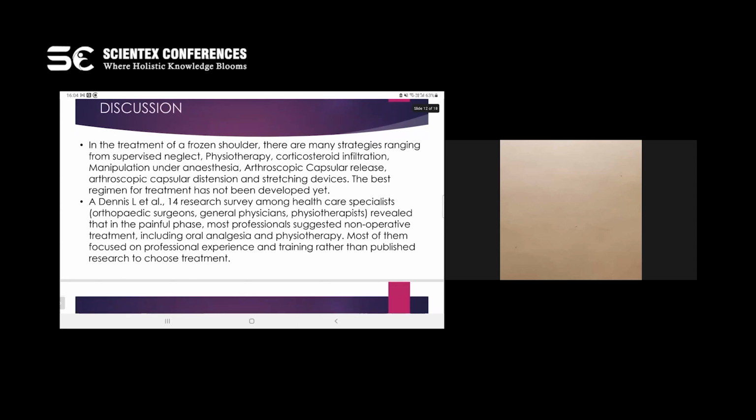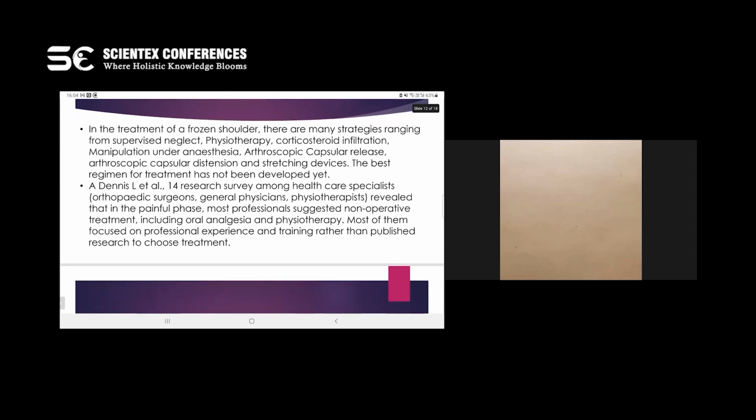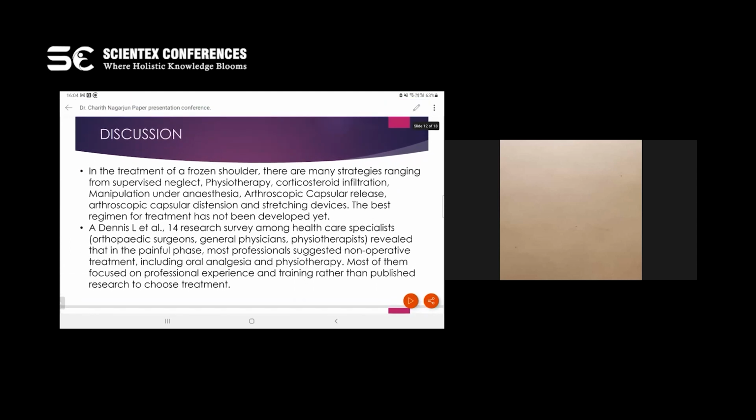So based on all these researches, Dennis et al. had done a research among the healthcare specialists and revealed that in the painful phase, most professionals suggested non-operative treatment, including oral analgesia and physiotherapy. Most of them focused on professional experience and training rather than published research to choose the treatment.